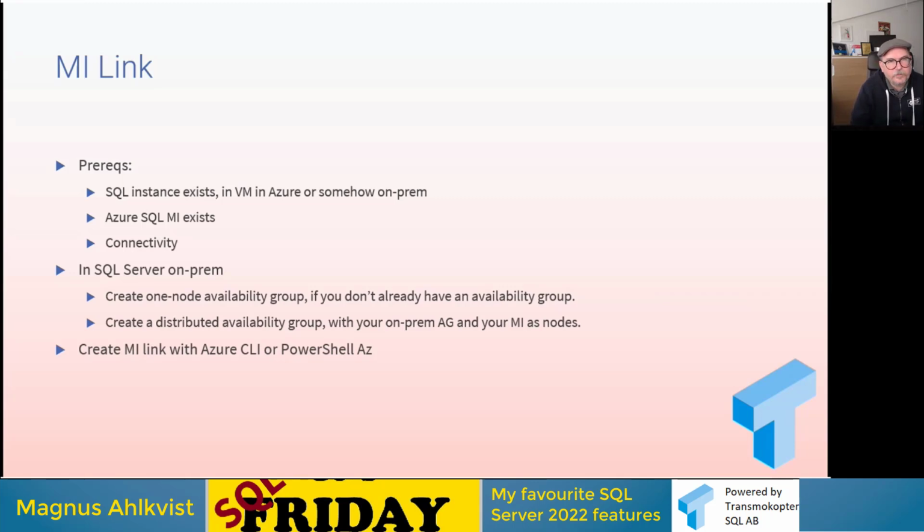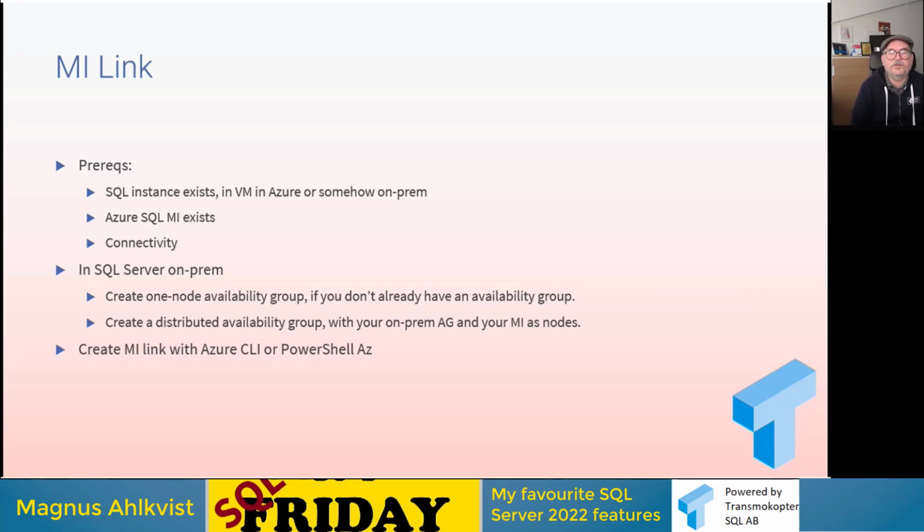You create an availability group per database, because MI-Link is a per database feature, so you can't have an MI-Link that contains multiple databases. So you create the one database availability group, either on multiple nodes in on-premise or just one node.